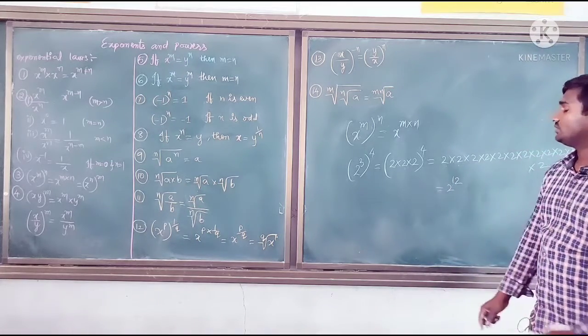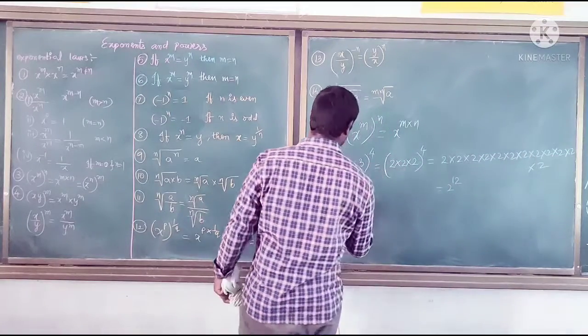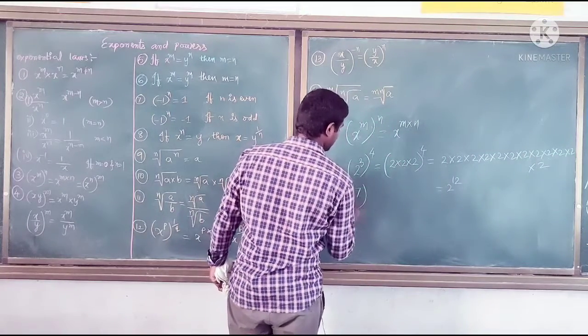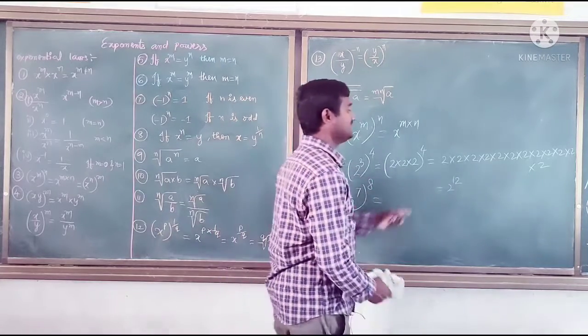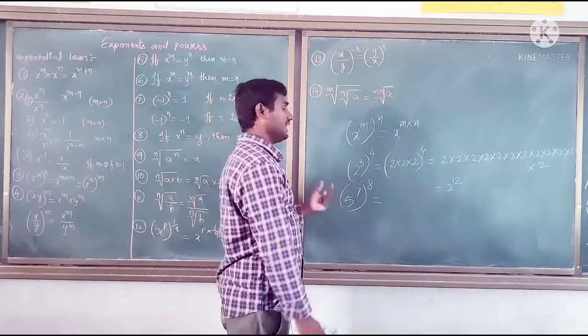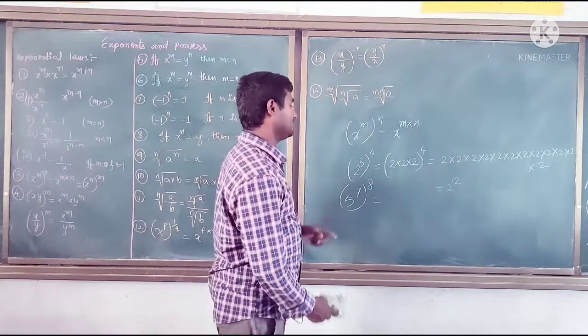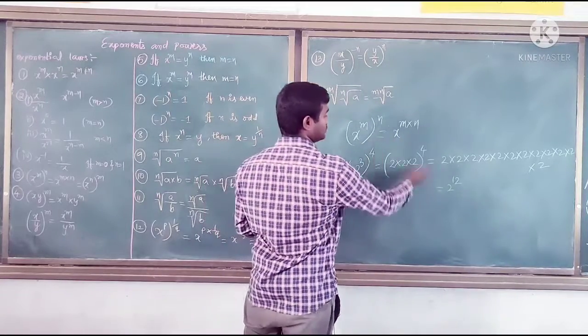So if you get a larger number, suppose 5 power 7 power 8 if they gave, if you write it in this expanded form, it will take more time. So we have one formula for that, that is (x power m) power n is equal to x power m into n. Let us check whether it is suitable or not.